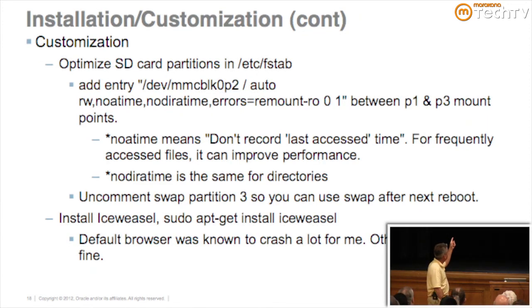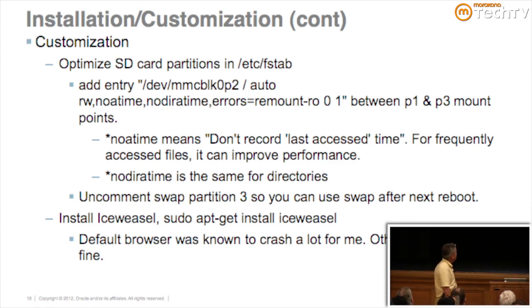So this trick I found was very useful: using noatime and nodiratime on your mounts for partition 2, which is your root file system. When you read on these ARM devices, every read is a write. Doing this makes it so it isn't. One, it increases your performance slightly, but it guarantees the life of your device is extended because you're not doing massive amounts of writes.